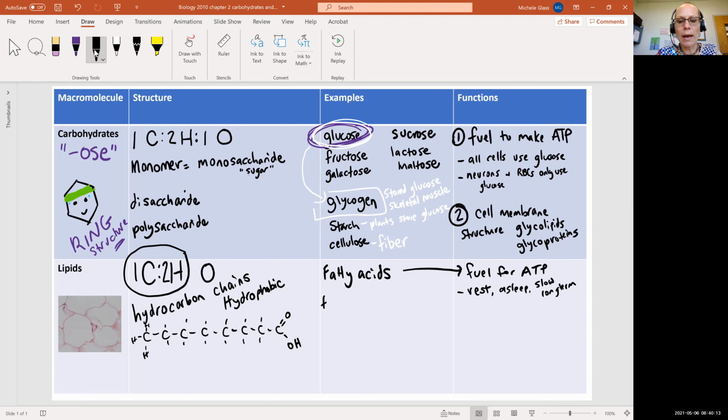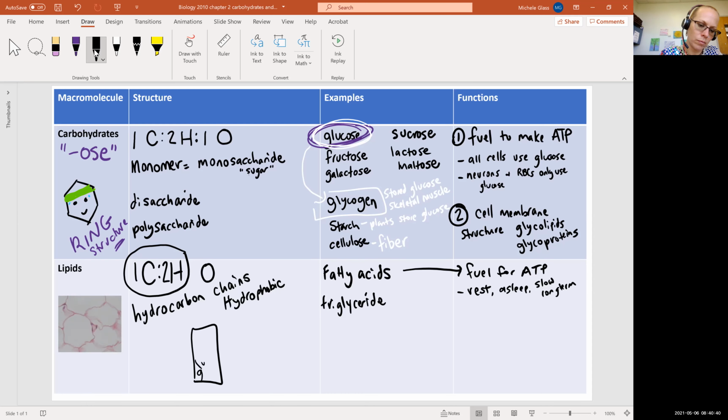We also have a molecule called a triglyceride. The triglyceride molecule is going to be a glycerol, and then it's going to have 3 fatty acids.